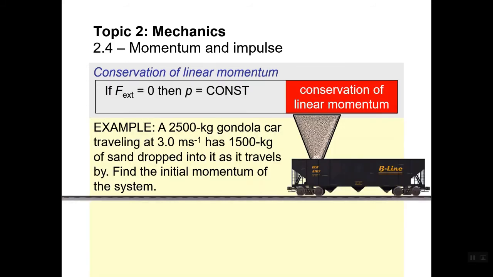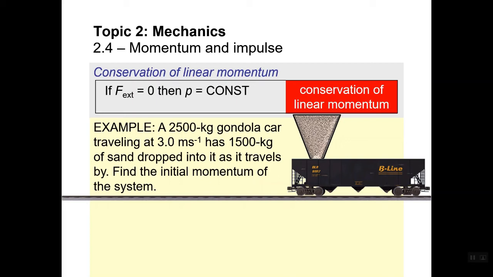Example of conservation of linear momentum. A 2,500 kilogram gondola car traveling at 3 meters per second has 1,500 kilograms of sand dropped into it as it travels by. Find the initial momentum of the system. The system consists of sand and car. They are a closed system.